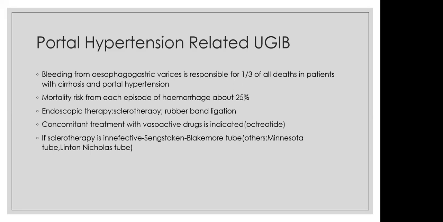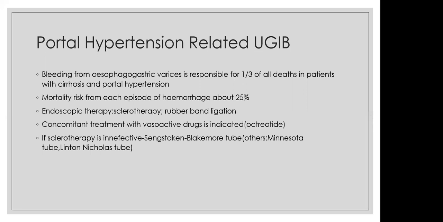And intervention is by endoscopic therapy, which is sclerotherapy or rubber band ligation. You might also need to give concomitant treatment with vasoactive drugs like octreotide. The octreotide is a somatostatin analog, which basically decreases splanchnic blood flow, decreasing portal and variceal pressure.